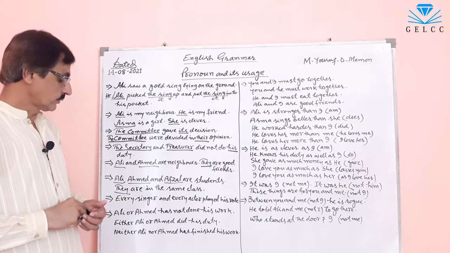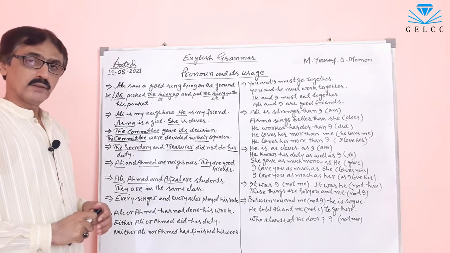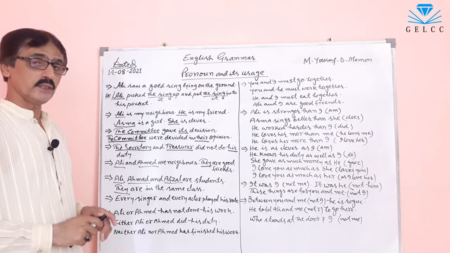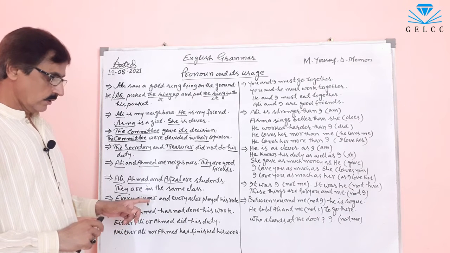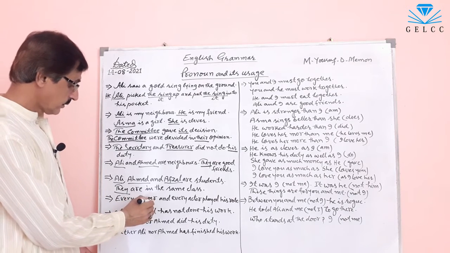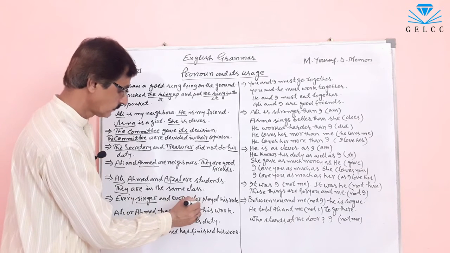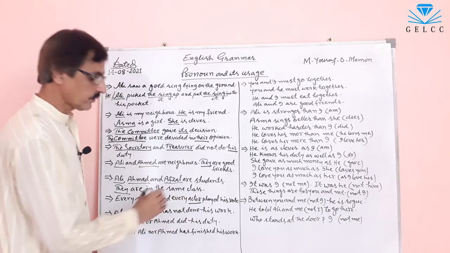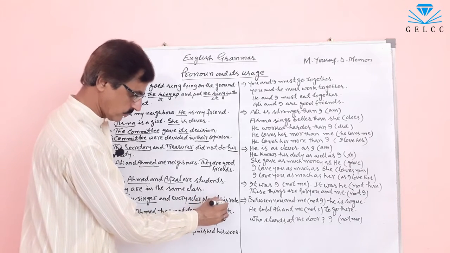If two nouns are joined by and and there is the word each or every before these nouns, the pronoun will be singular. Look at this. Every singer, singer is a noun, and every actor, actor is a noun, played his role.